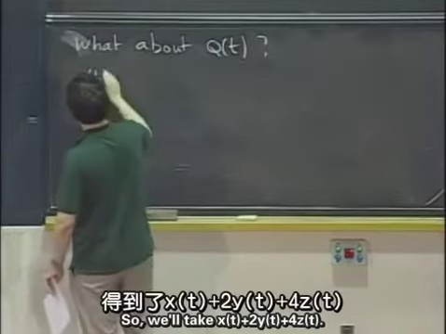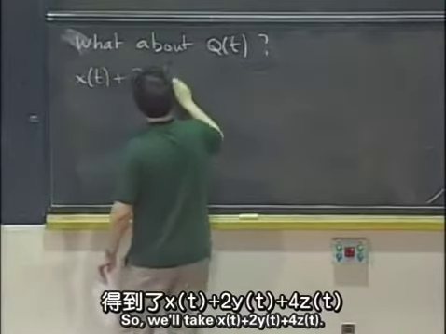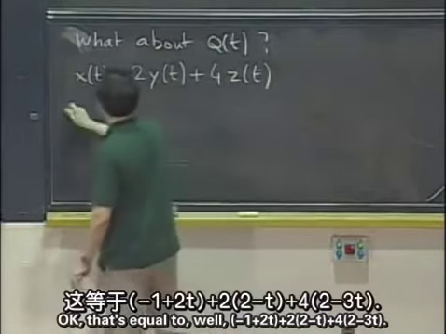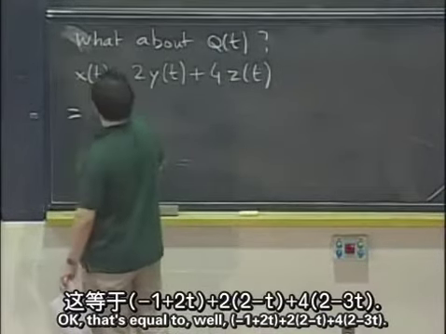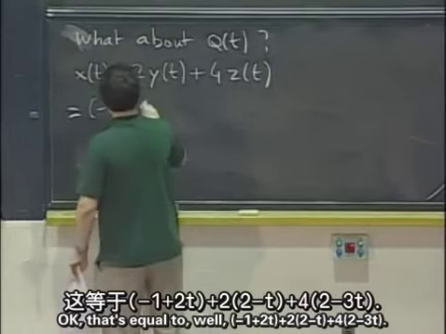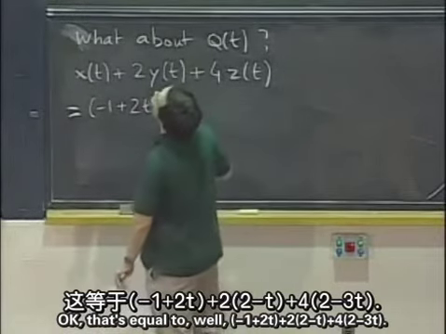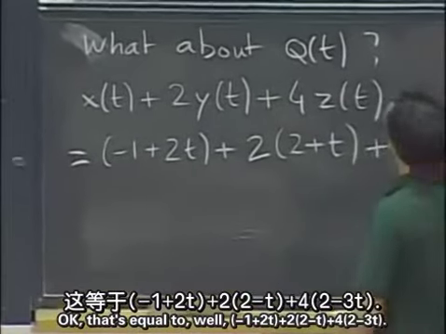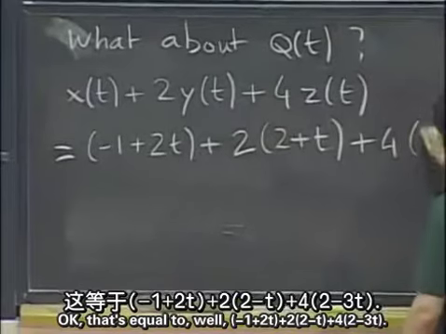So we'll take x(t) + 2y(t) + 4z(t). That's equal to -1 + 2t + 2(2 + t) + 4(2 - 3t).